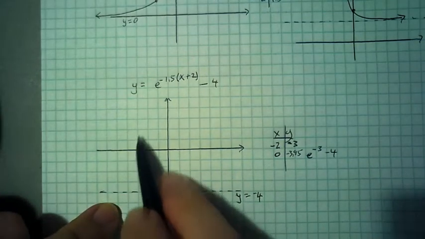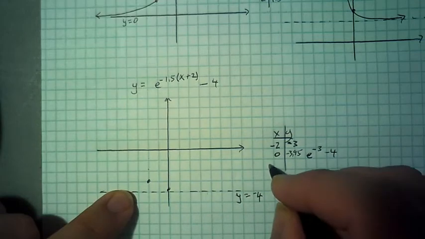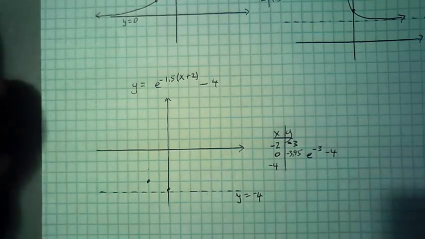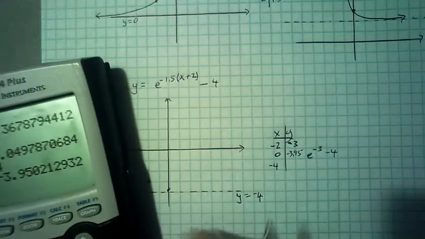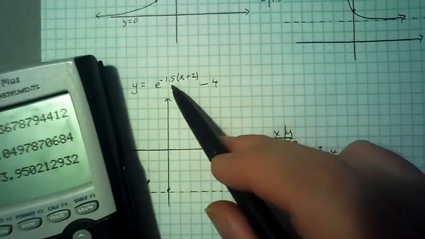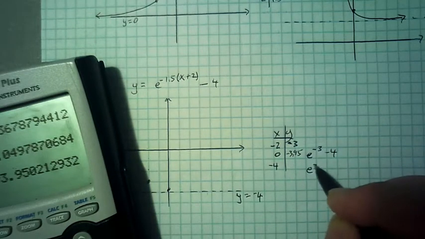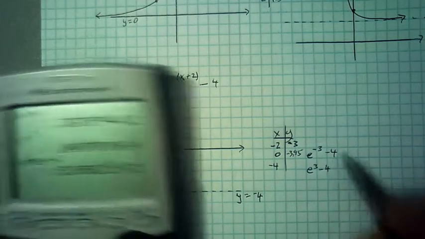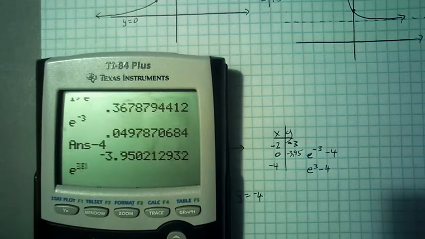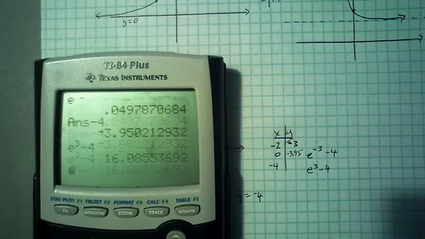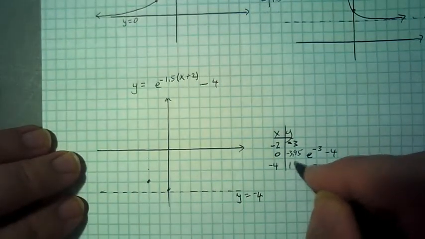I'm not really comfortable drawing this curve yet, so I'm going to stick in negative 4 as well. I'm sorry if you feel like that's a waste of time. I like my graphs to look nice. So if I stick in negative 4, this is negative 2 times negative 1.5, that's e to the 3rd power. Oh, I think this is going to be too big. e to the 3rd power minus 4 is 16. I should have stuck in negative 3.